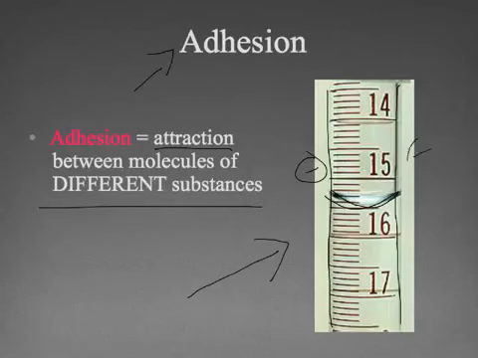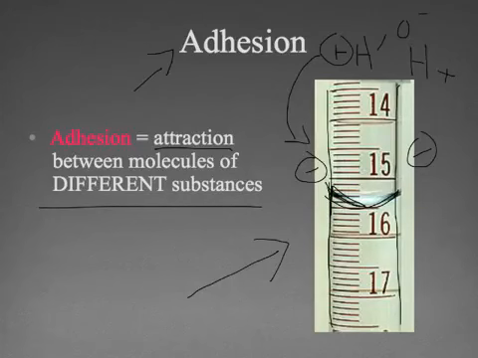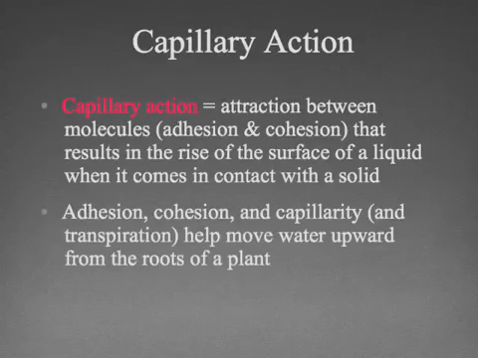So if the glass is negatively charged and I have some water molecules in there, you can kind of imagine that the positive ends on the hydrogen can hydrogen bond with the glass itself, right? Because this positive hydrogen will be attracted to the negative glass. So what that means is the water literally sticks to the glass and almost climbs up the sides, creating this curve called a meniscus.